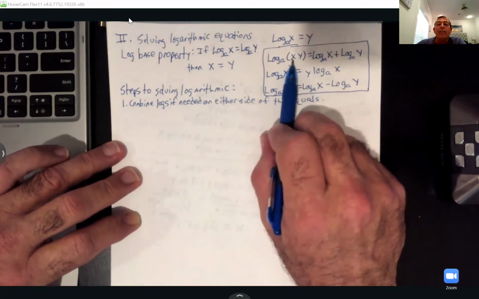All right, so after that happens, do we have a log base equal to a log base? So that's looking at this property. If yes, then set the results equal to each other.